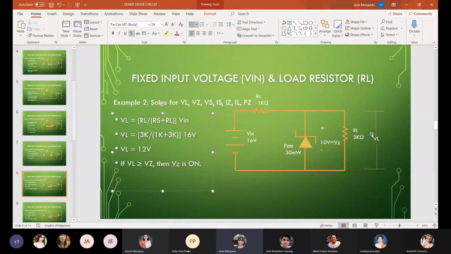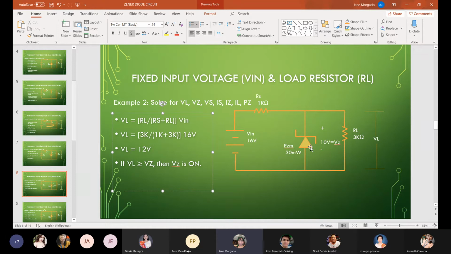The voltage across RL is initially 12 volts and the Zener voltage is only 10 volts. Since VL is greater than VZ, we can be sure that the Zener is on.